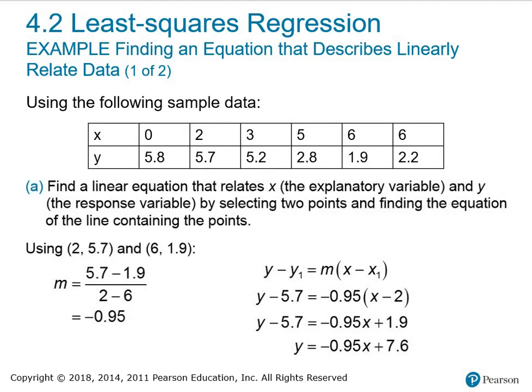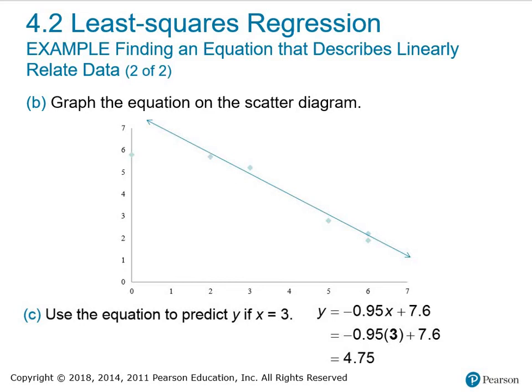We're not going to follow an algebraic approach, we're going to follow a different approach. Then we can graph the equation on the scatter diagram. As you can see, it doesn't fit exactly all of the dots, but it is a good fit for the data set provided for us, because the distance between the line and each of these dots is as minimum as possible.